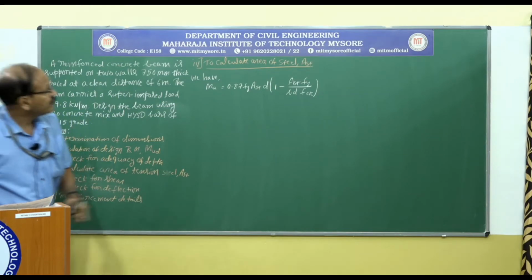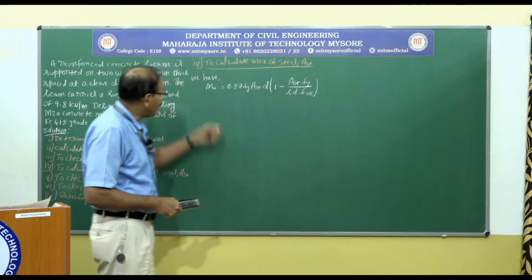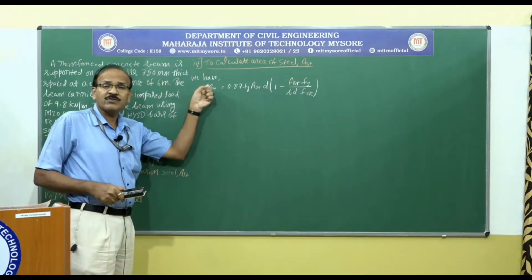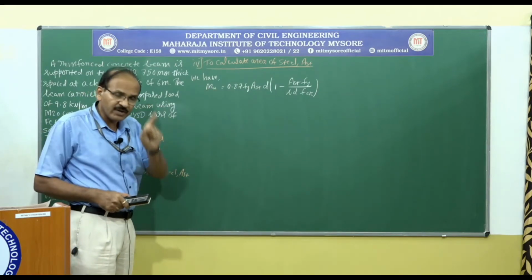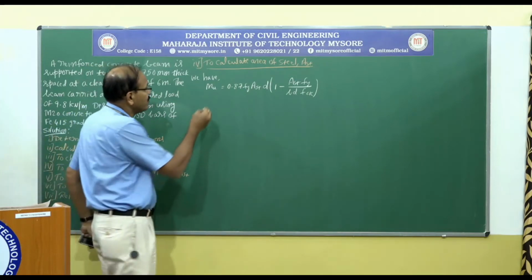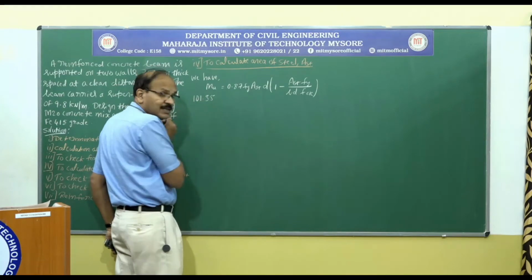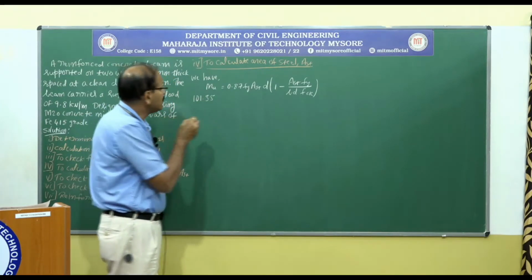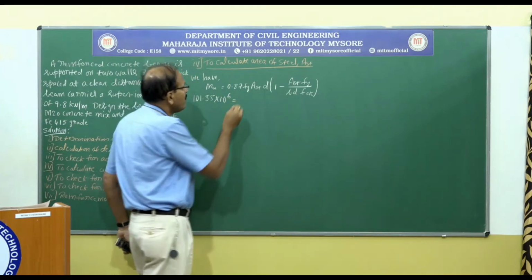And by substituting the known values here, and for MU we have to substitute the value of the design bending moment we got due to the external load. So what was the value? That was 101.55 kilonewton meter. Convert that value into Newton millimeter, that is equal to 0.87.